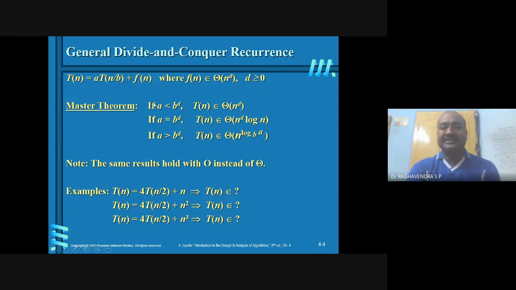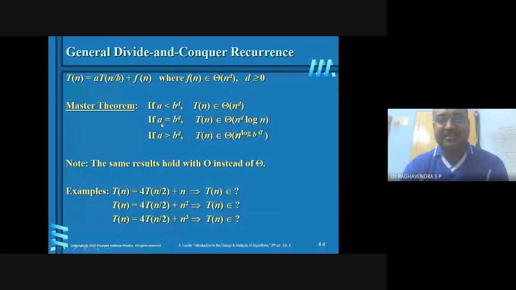It gives three cases, based on a function T(n) = a T(n/b) + f(n), where f(n) belongs to Theta(n^d), where d is always greater than or equal to 0.